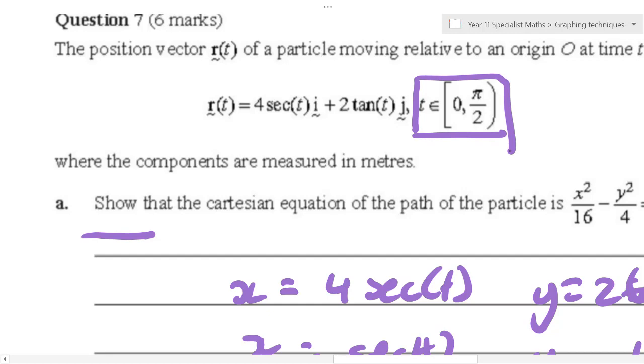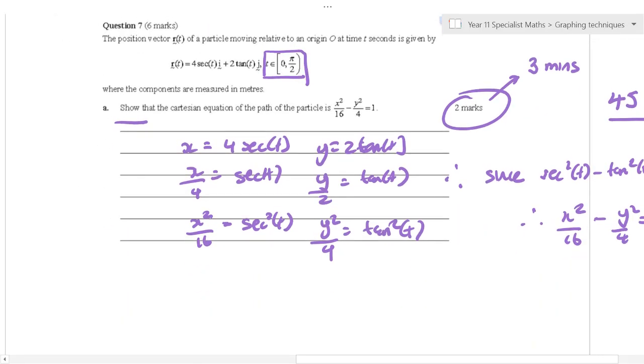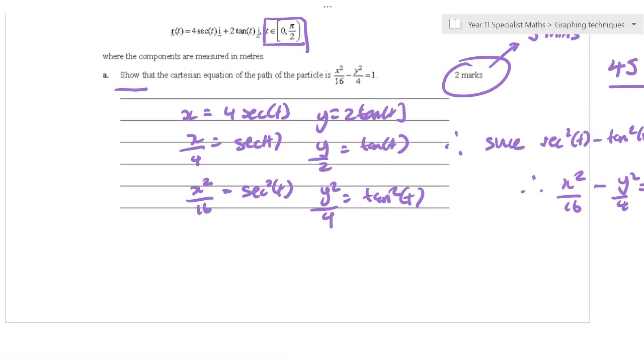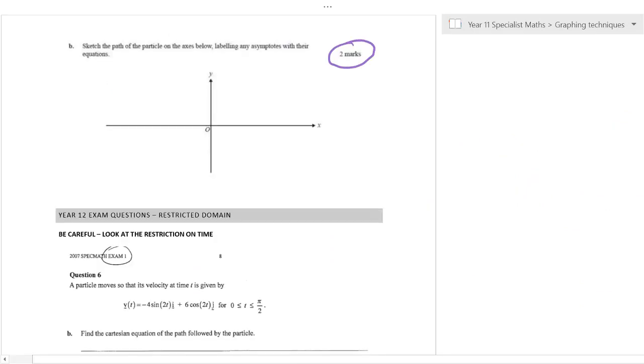Time is between, can it be 0? Can it be pi on 2? No. Okay, so now we know what shape is this? It's a hyperbola. Is it centered at 0? Okay. So it's centered at 0.